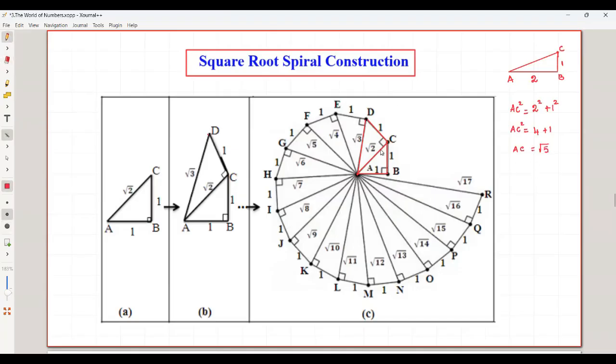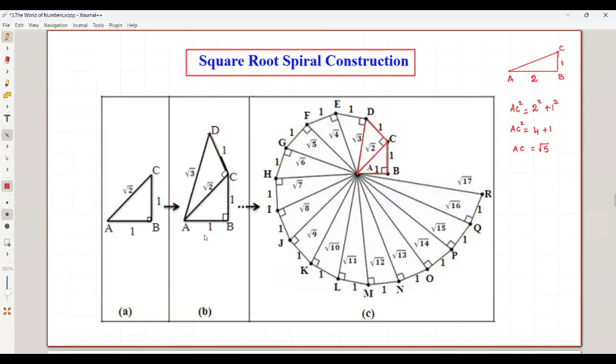So I no need to go with root 2, root 3, root 4, root 5. We can directly draw root 5 on the number line. Here 2 units, 1 unit. Just try the possibility whether you can draw it directly.